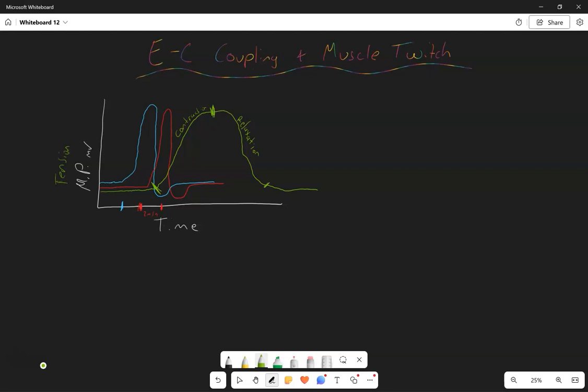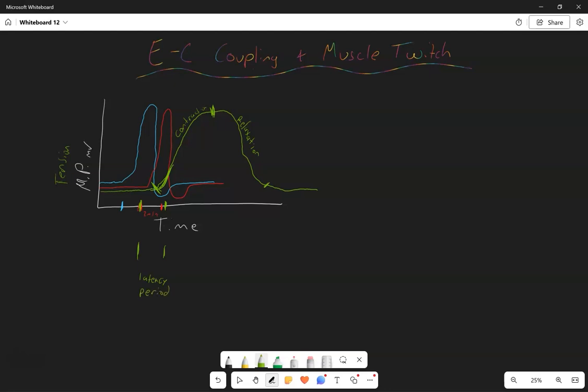But notice that from the time that the action potential was generated in the motor neuron to the time at which you get this uptick of tension, that contraction, there's a delay. That delay is what we call the latency period.